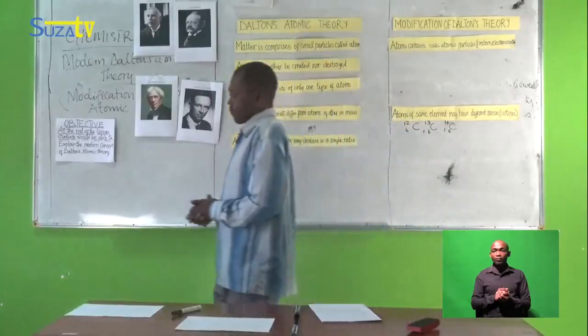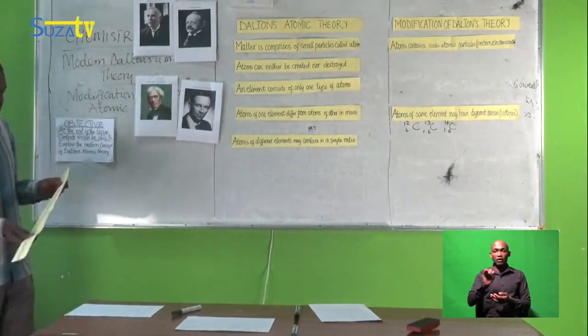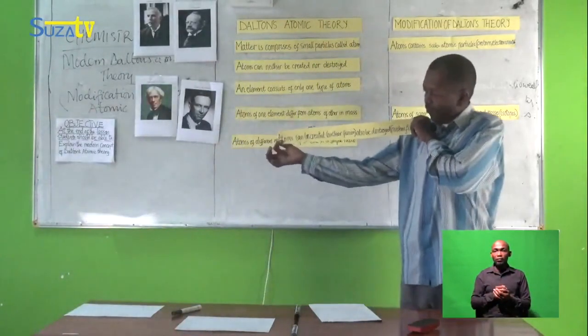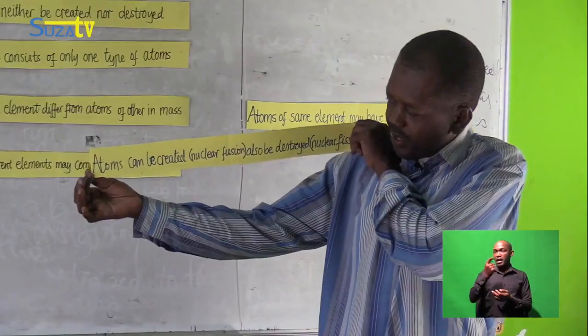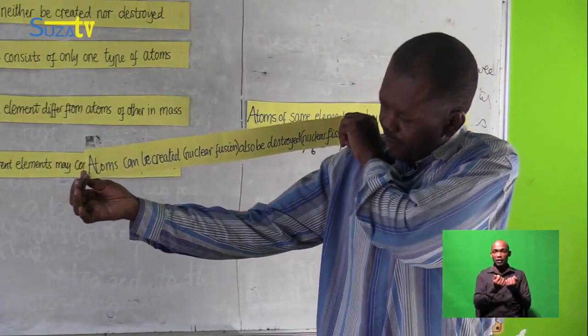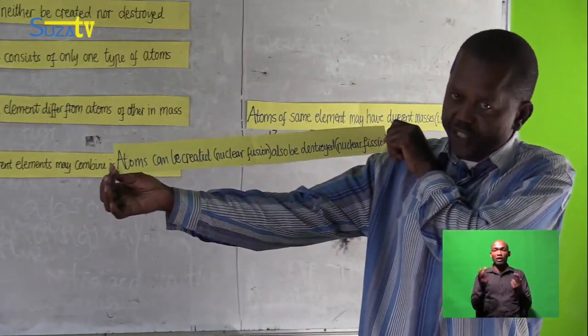So another modification of Dalton atomic theory, we have this one. An atom can be created by nuclear fusion, and also destroyed by nuclear fission.